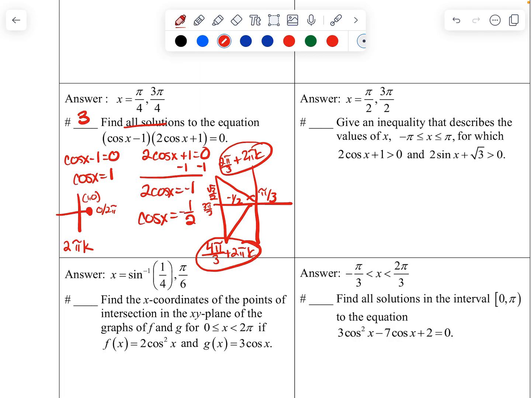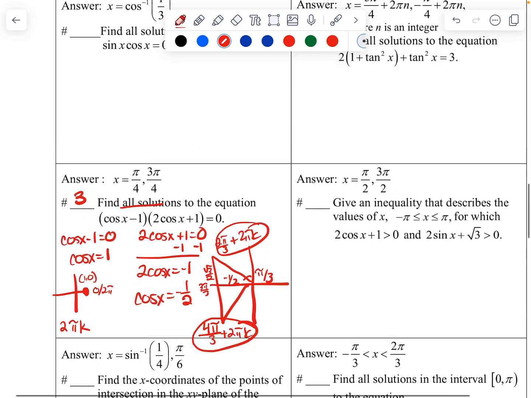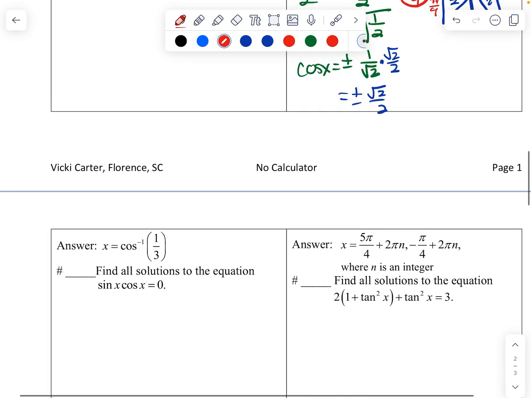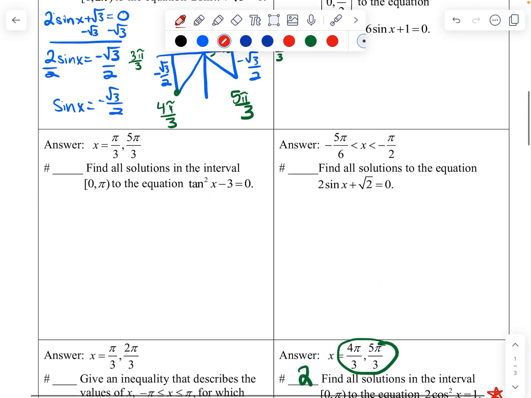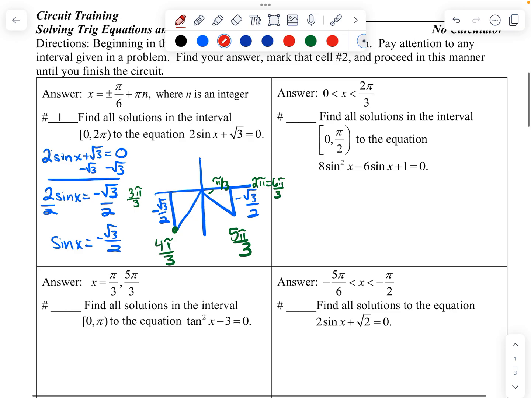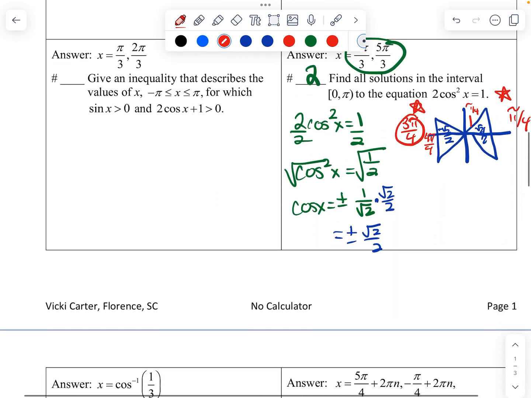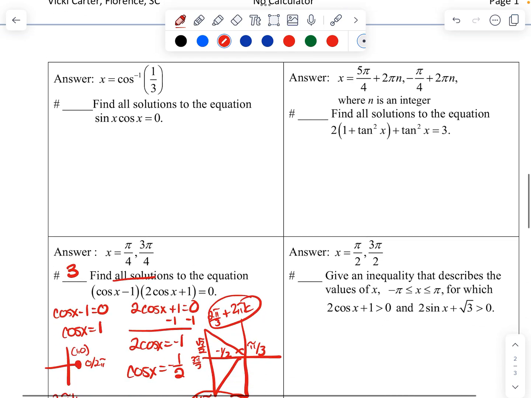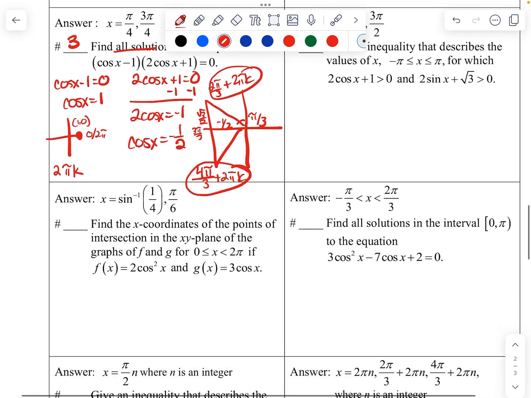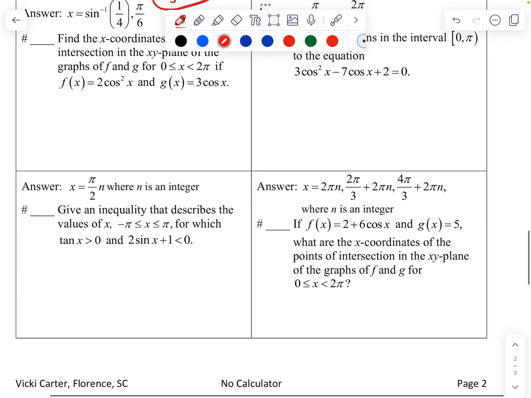So now if we look for that next one, let's see, where can I find that? Here it is.